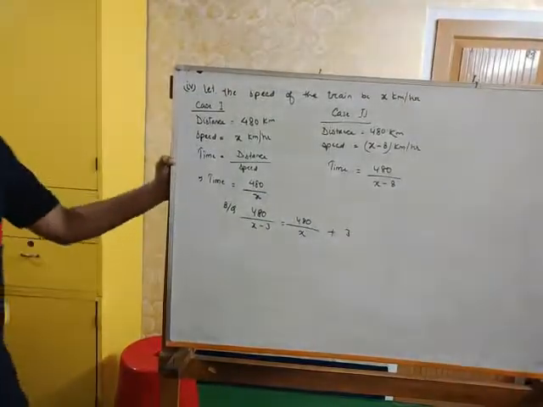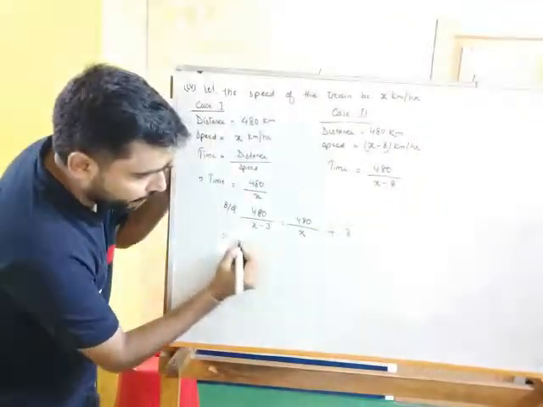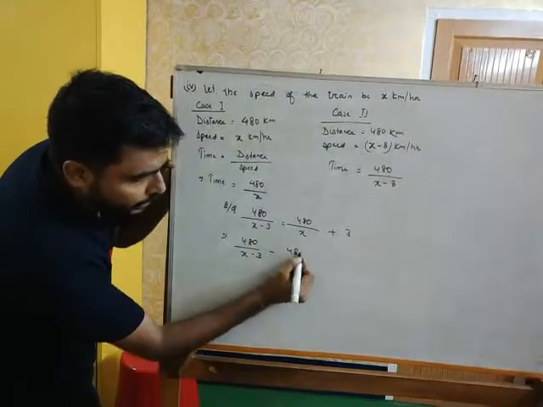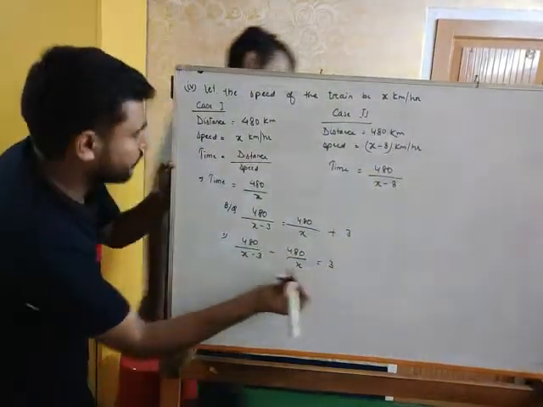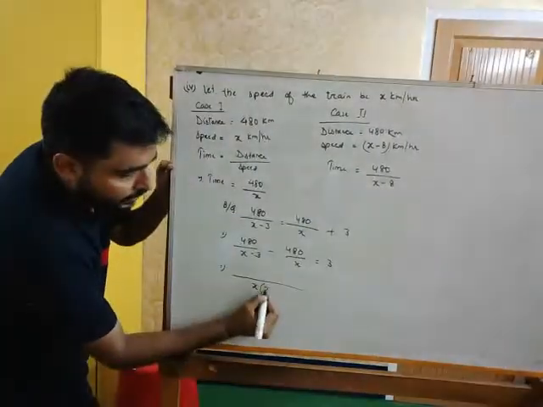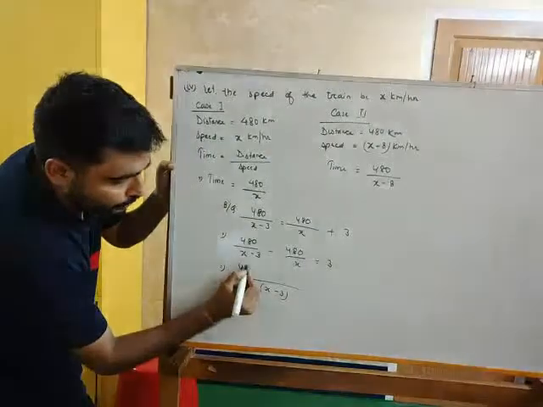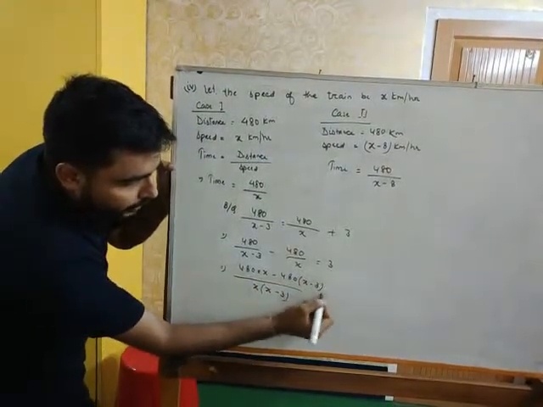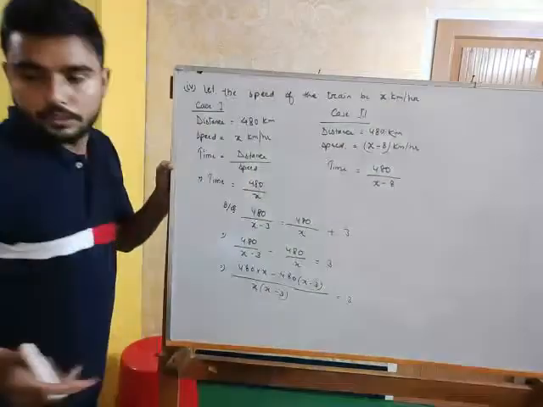This will be the equation. So I can write 480 by x minus 8 minus 480 by x is equal to 3. Clear? So LCM will be x into x minus 8, here 480 into x, and here 480 into x minus 8, will be equal to 3.